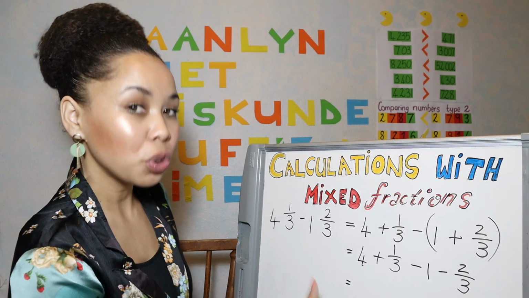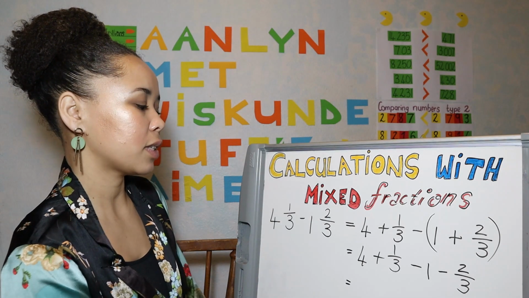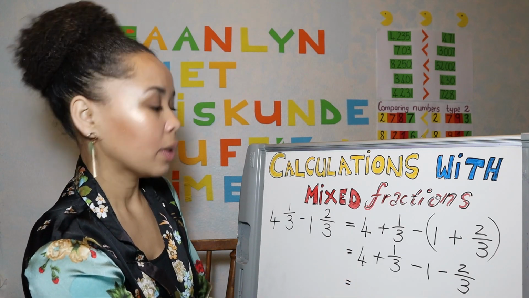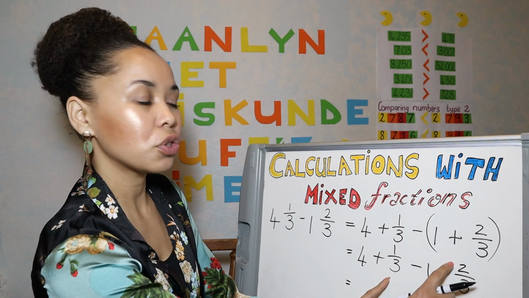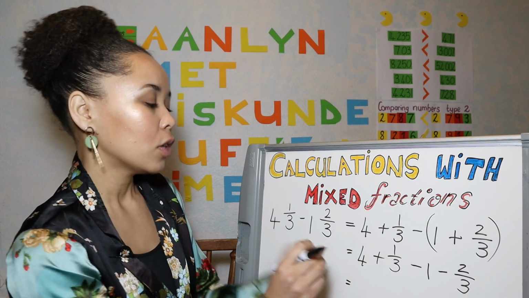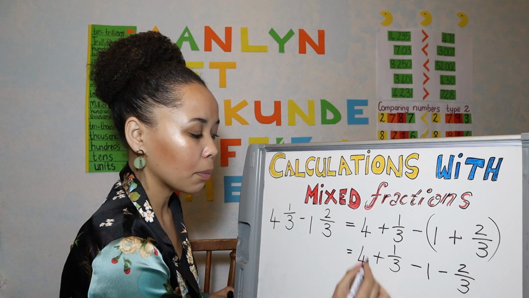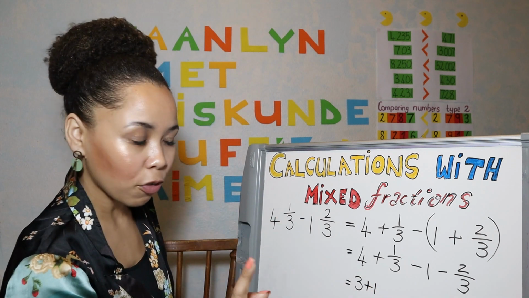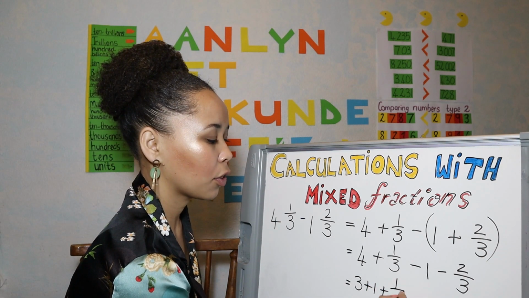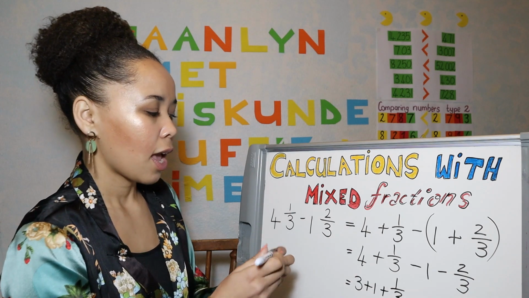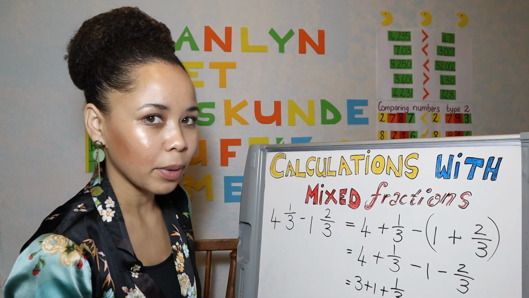Now, if I wanted to continue with this method, what I had to do was I would have said 4 minus 1 I can do, but 1/3 minus 2/3 I can't do, so I need to borrow from my 4. So what I do now is I can break this 4 up as 3 plus 1, it's still your 4, plus the third, and please note that this is still that first number, and I will subtract it from the second number.